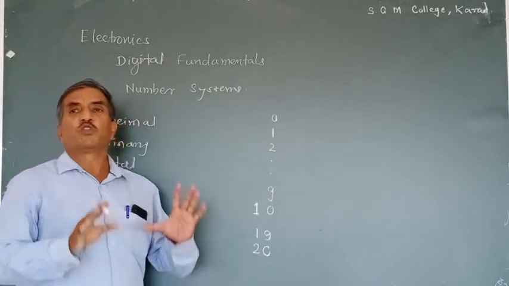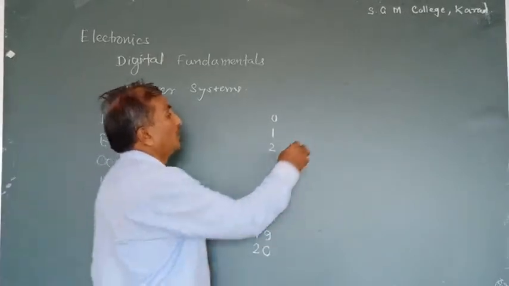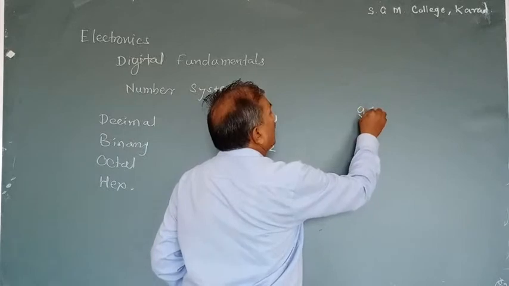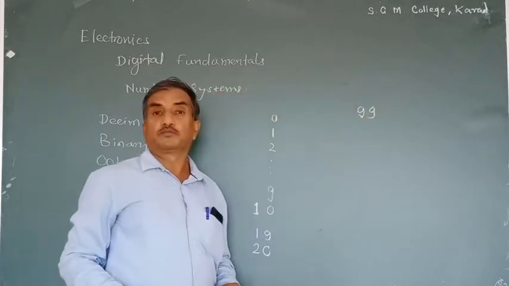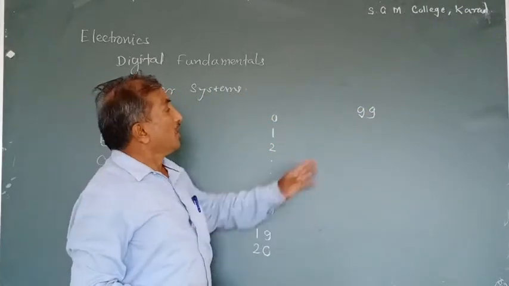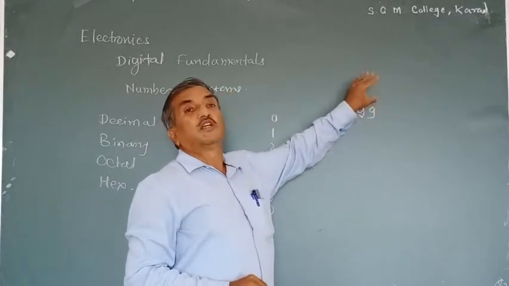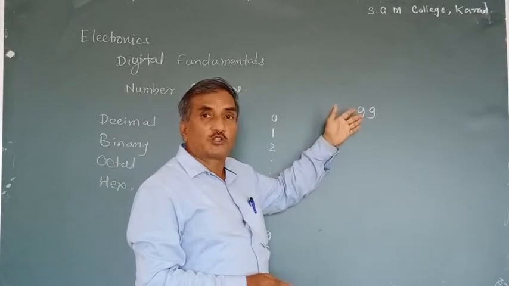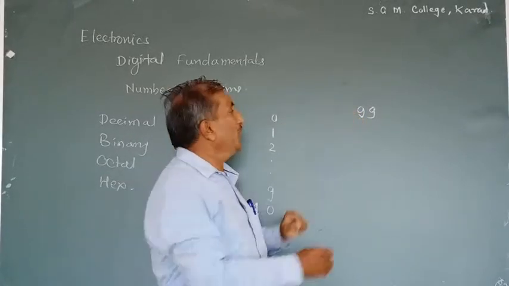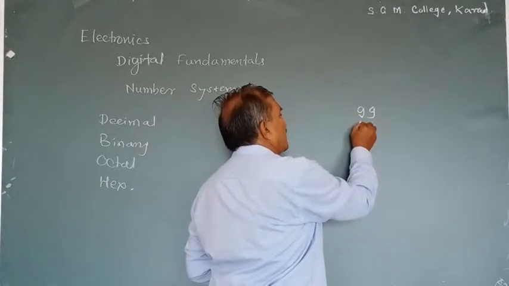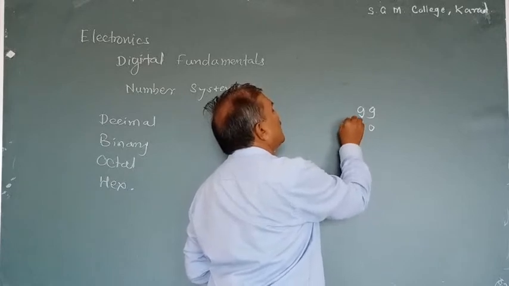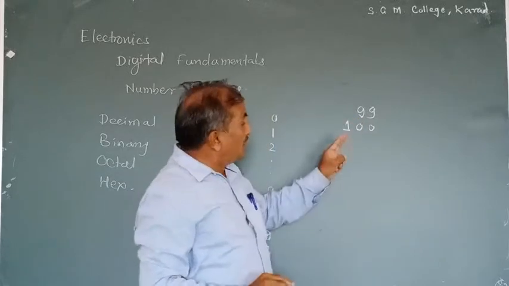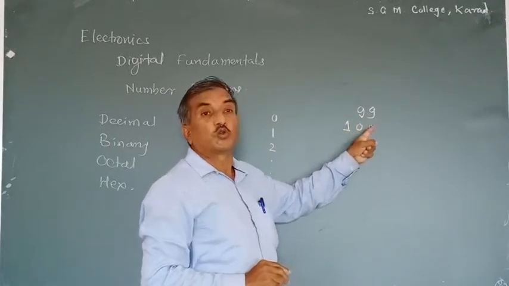In this way, we go up to 9, 9. After 9, 9, what is the next number? We have used all the symbols here and in the next column also. Then reset this column and increment the next, so the next number is 1, 0, 0.